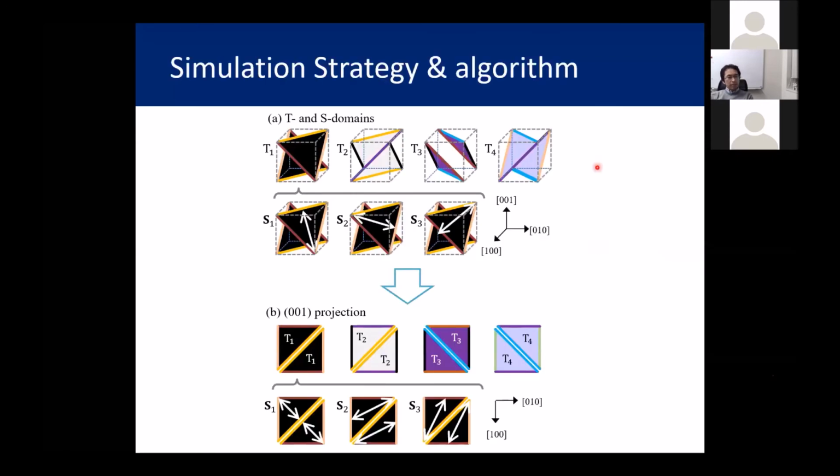To simplify the situation, we consider the domain in 2 dimensions because we only look at the surface, the 110 surface of the nickel oxide. So we want to make this domain configuration into a 001 projection like this, just a top view of this structure.